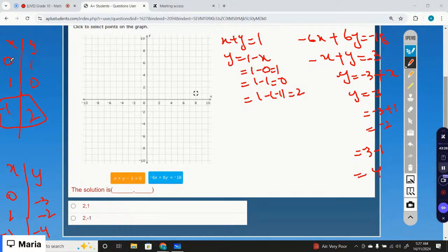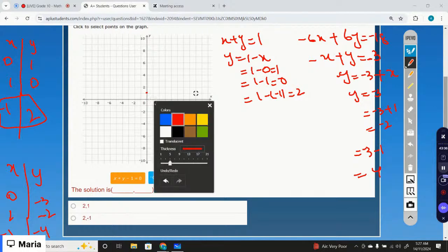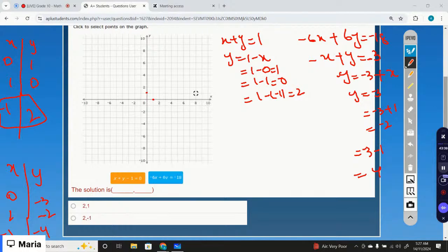I'm going to start with x is 0, y is 1. x is 1, y is 0. x is negative 1, y is 2. So let's make a line. I'm going to use the tool.